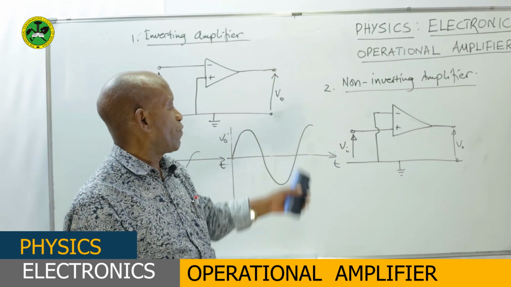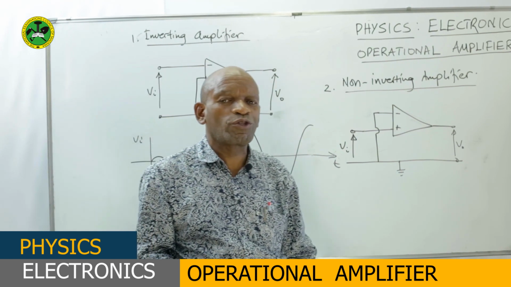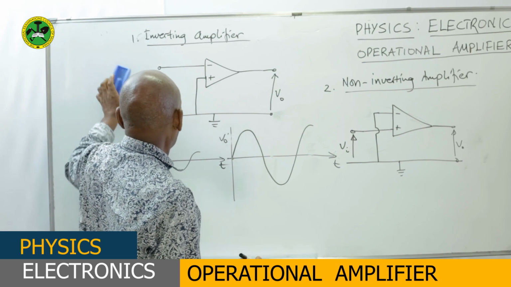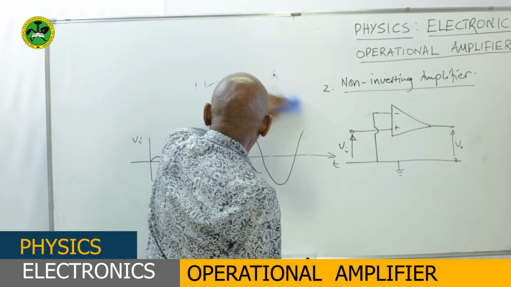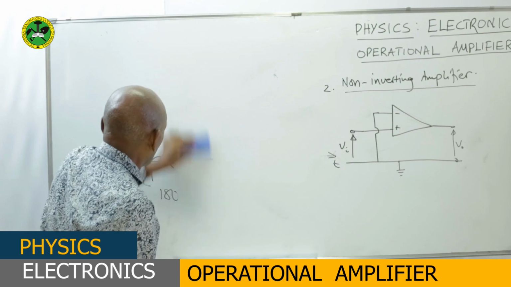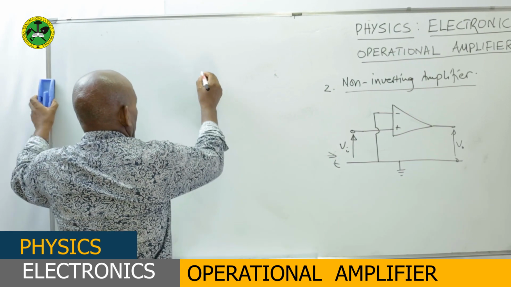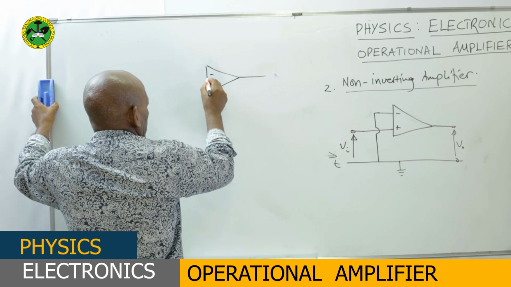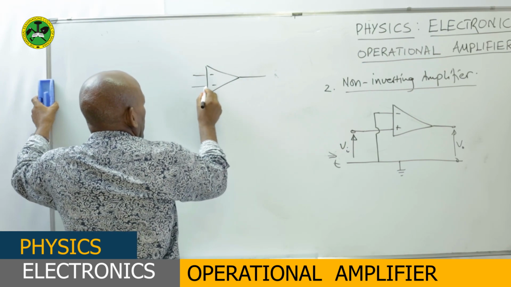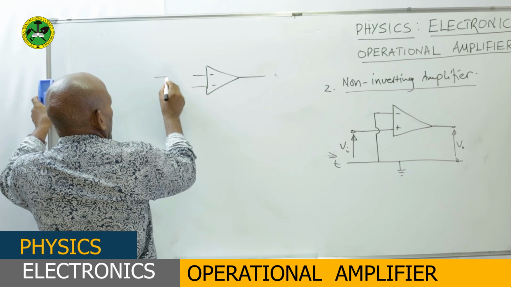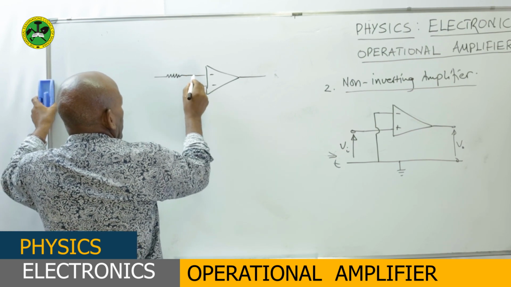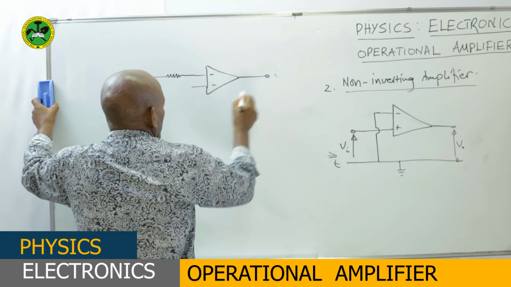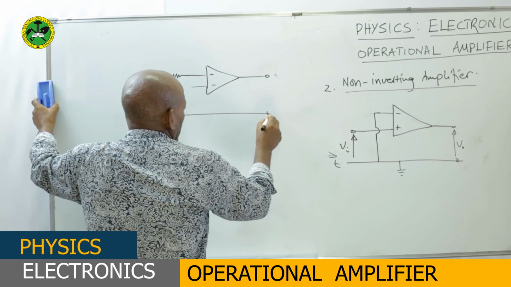Sometimes with the use of an operational amplifier, we could have what we call negative feedback. With our operational amplifier connected there, we could have an internal resistor, for example, and our output terminal somewhere there.